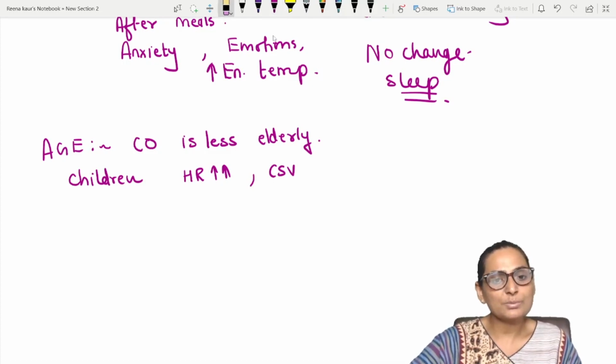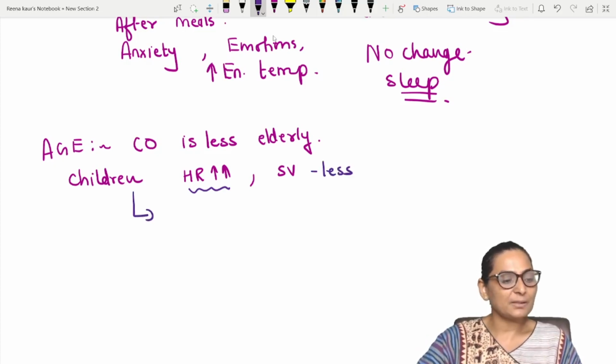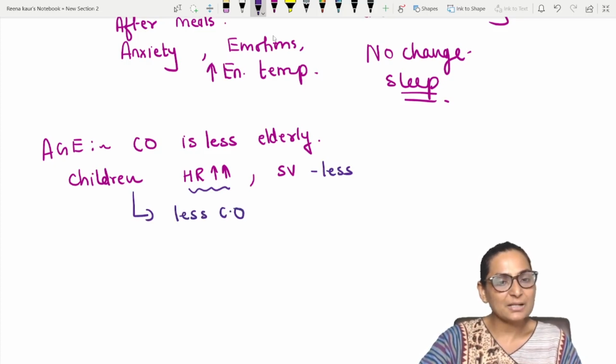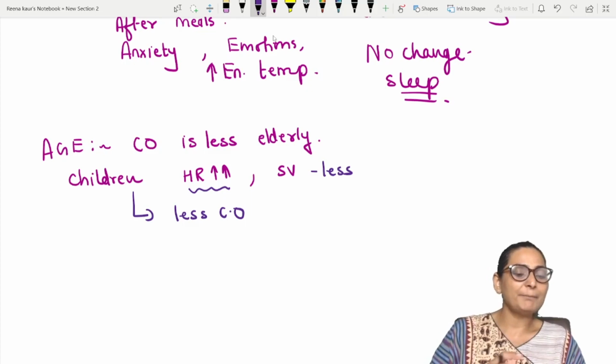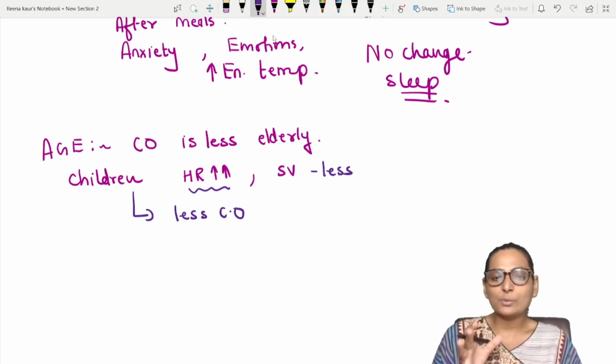So the ultimate effect in children will also be a comparatively less cardiac output, although the heart rate is more, but stroke volume is not more in children.